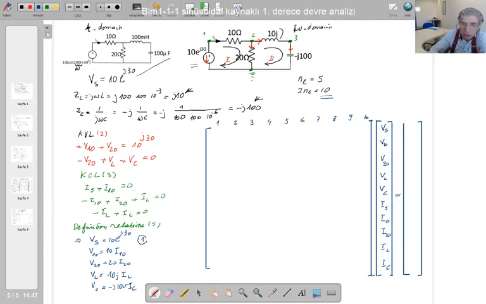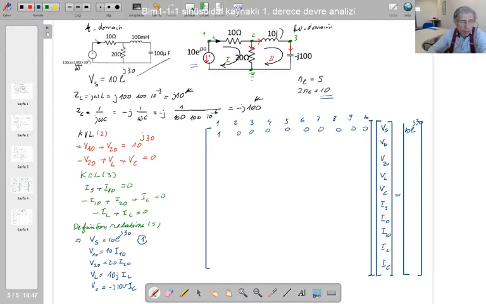This is the first equation that I would like to transfer to this matrix form. The first element here, 1, is equal to 10 e to the power j30. So if I write this value on the right hand side, and 1 here, rest of them 0, then multiplying this with this row matrix, you're going to get Vs is equal to 10 times e to the power j30.